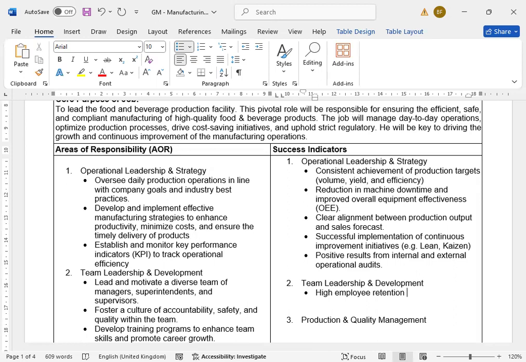So if they're happy, then you'll be able to retain, especially those key employees. So retention and satisfaction rates. How are you gonna find this? By conducting a survey. You conduct a survey through email or face-to-face, things like that.